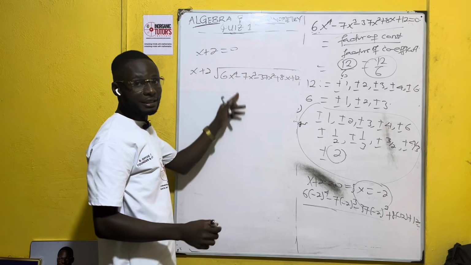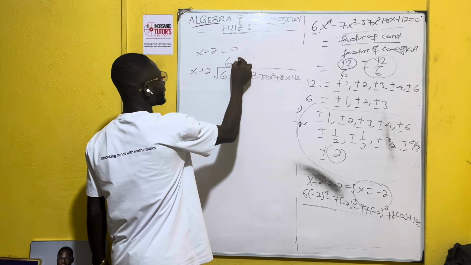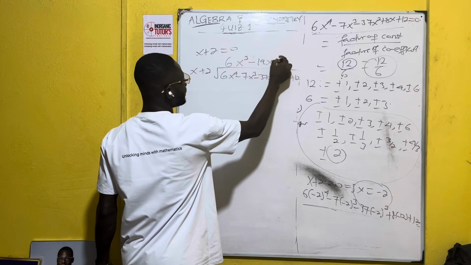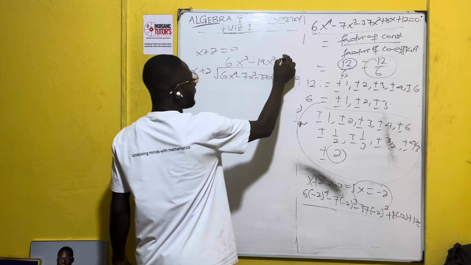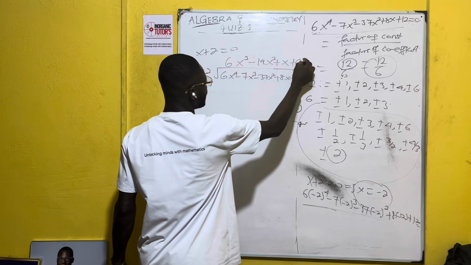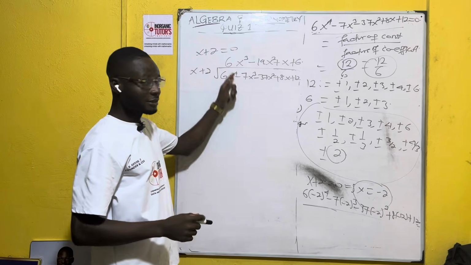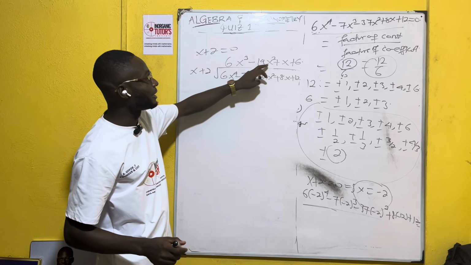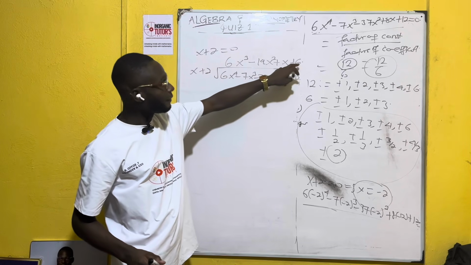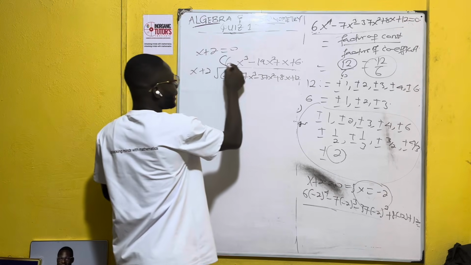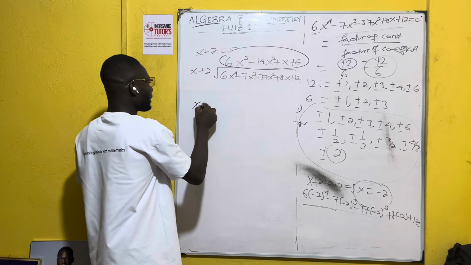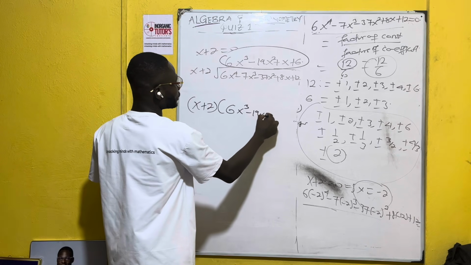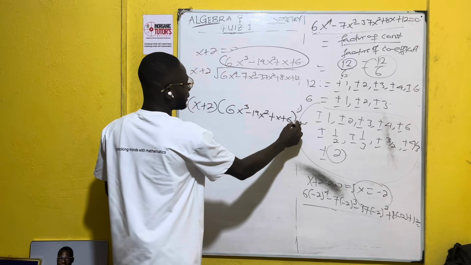If you factor this very well using polynomial division, you're going to have 6x³ minus 19x² plus x plus 6. So that is the other factor. So you have x plus 2, then we have 6x³ minus 19x² plus x plus 6.